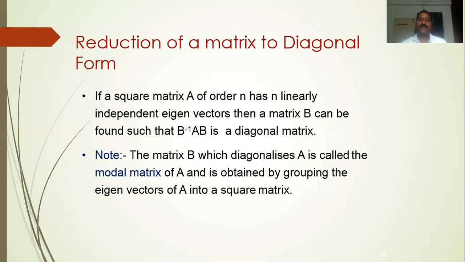So if A is a square matrix of order n and A has n linearly independent eigenvectors, then we construct the matrix B taking these n linearly independent eigenvectors. Then B inverse exists, and B inverse into A into B will be a diagonal matrix. So B is called a model matrix.